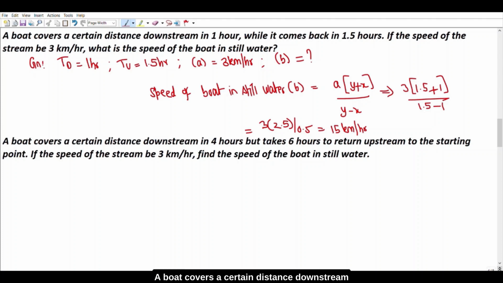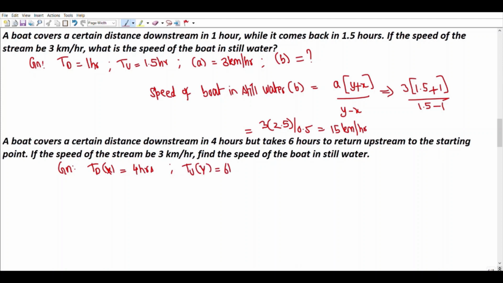A boat covers a certain distance downstream in 4 hours but takes 6 hours to return upstream to the starting point. If the speed of the stream is 3 km per hour, find the speed of the boat in still water. From the question, we can identify that downstream time x is equal to 4 hours, upstream time y is equal to 6 hours.